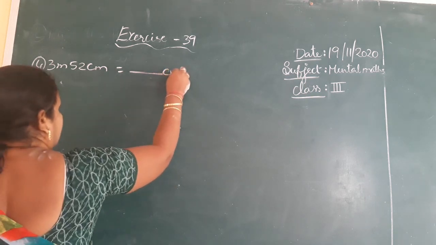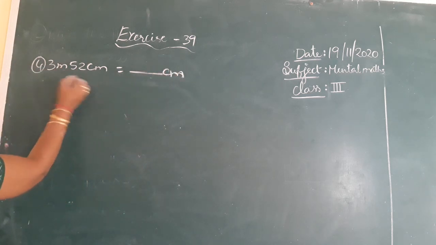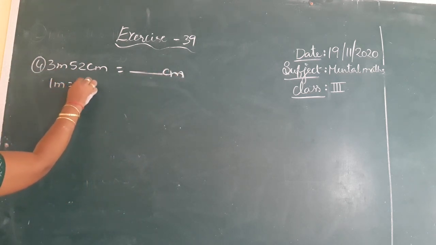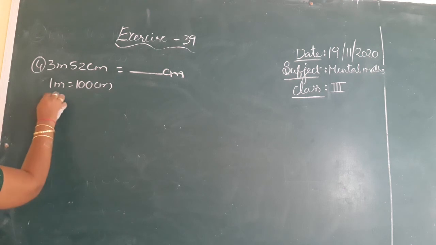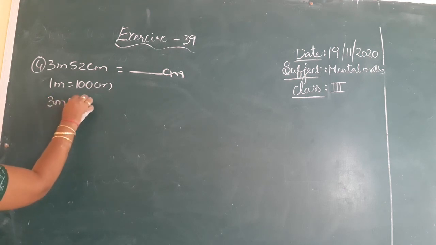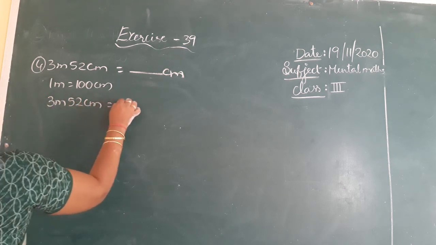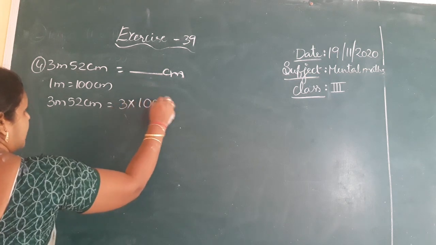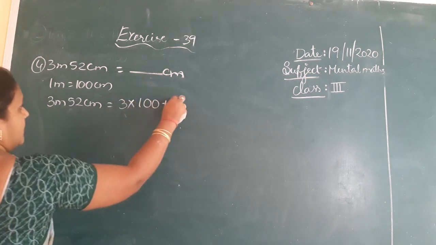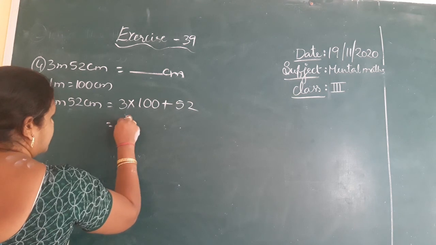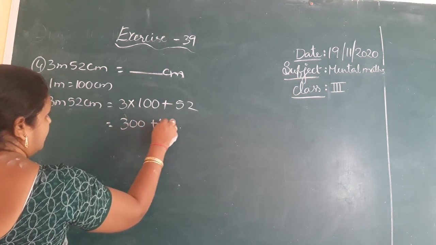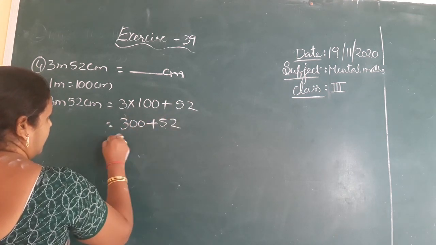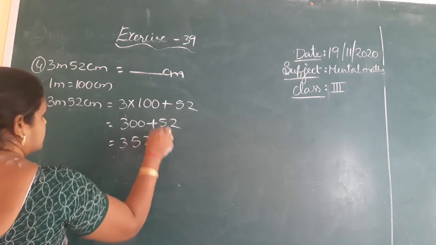Okay, 1 meter contains 100 centimeters. Yes? So here the question is 3 meter 52 centimeter. So 3 into 100, since 1 meter contains 100 centimeters, plus the next one they gave in centimeters only, 52. What is 3 into 100? 300 plus 52. 352 centimeters.